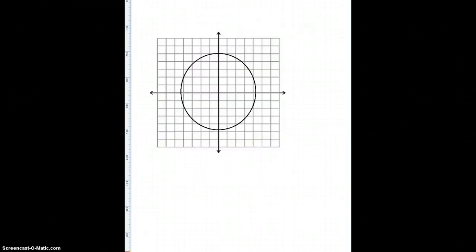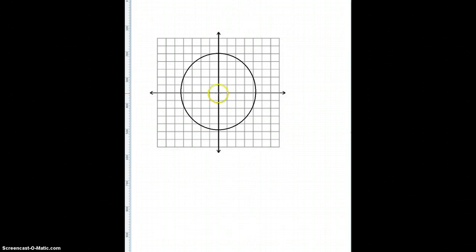So where we're going to start is we're going to put a circle onto a coordinate grid, just like you normally see. We're not going to assume that the center is 0, 0. It would make it a lot easier if we did, but we're not going to this time.